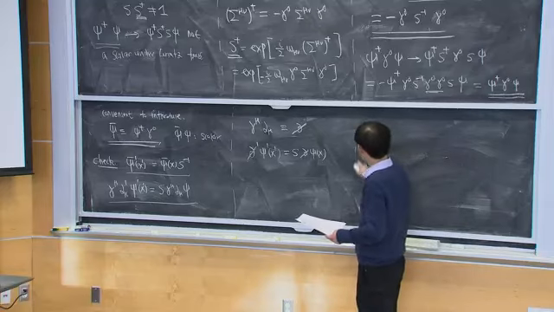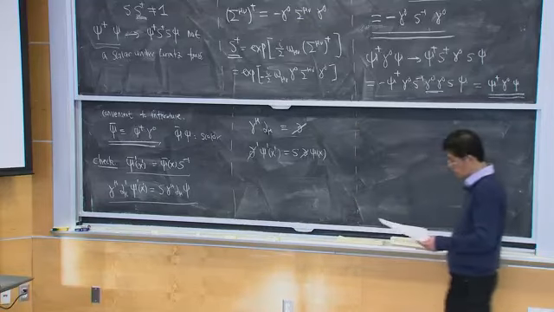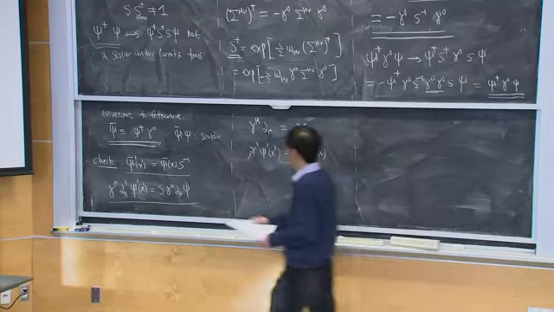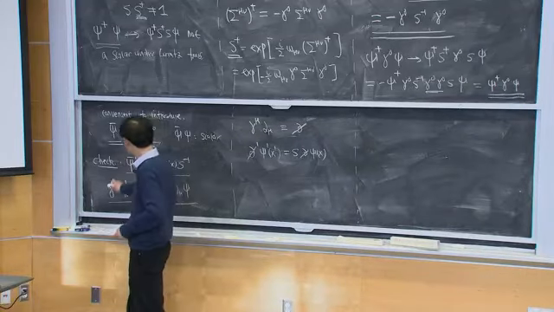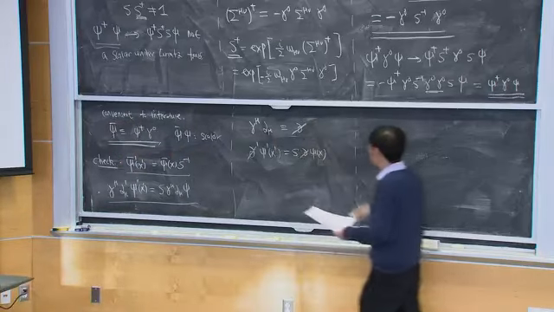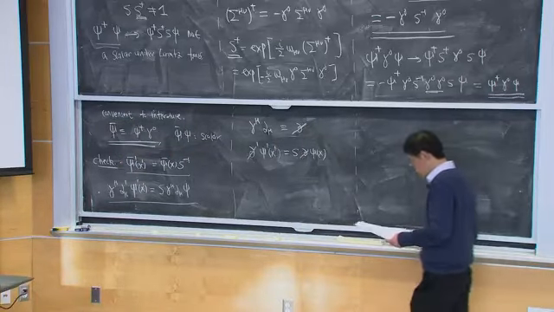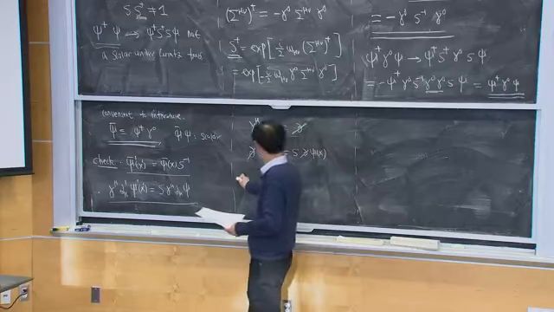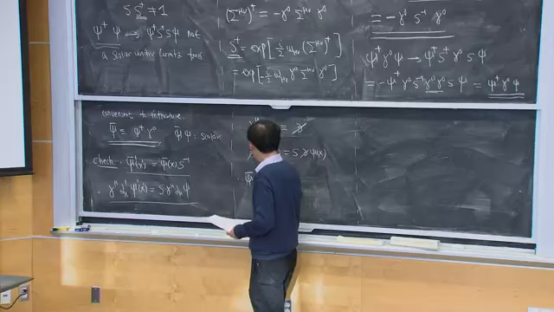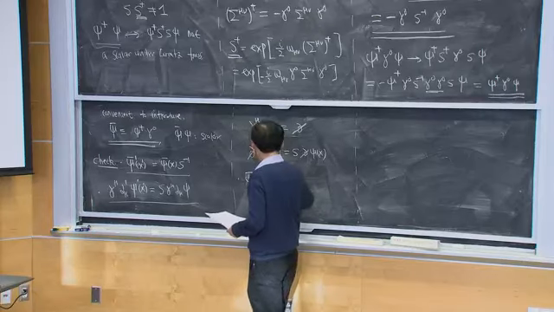Let me mention one more thing you can work out yourself. Once you have those transformations, you can also check that psi bar gamma mu psi transforms as a vector.